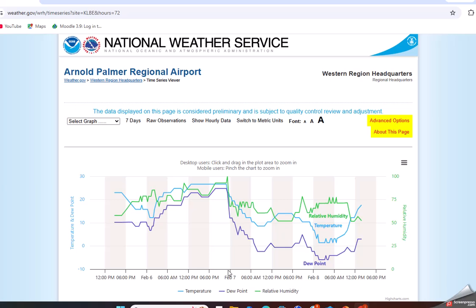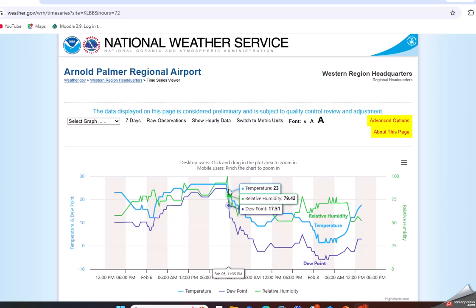I wanted you to notice something. We're plotting temperature, dew point, and relative humidity. So right at this time, temperature was 26.6, dew point 24, humidity 92%. Probably snowing a little bit at that moment.